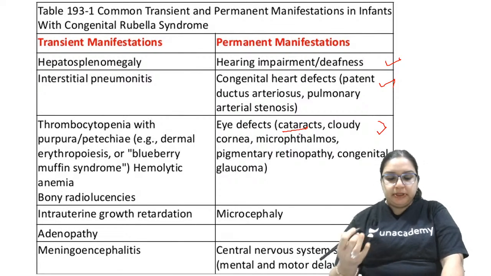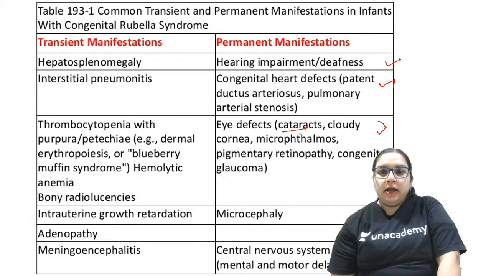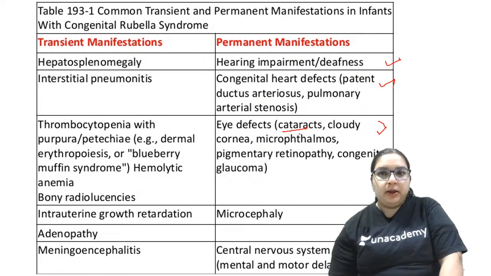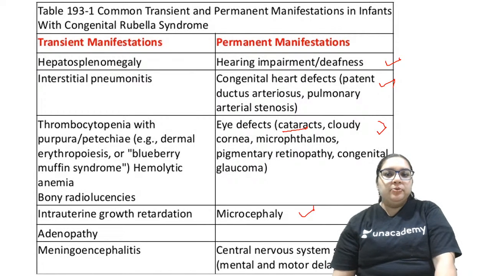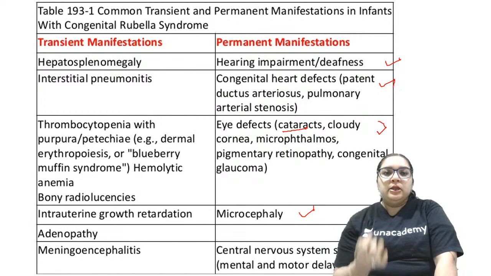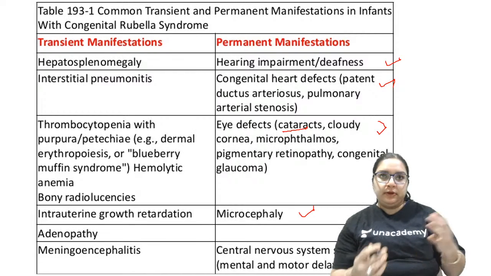We saw the picture of the cataract at the beginning of this session. Then cloudy cornea, microphthalmos, pigmentary retinopathy, congenital glaucoma. They have microcephaly, and of course they can develop sequelae of the central nervous system, such as mental and motor delay and autism.